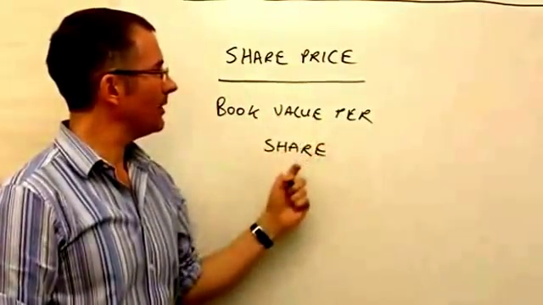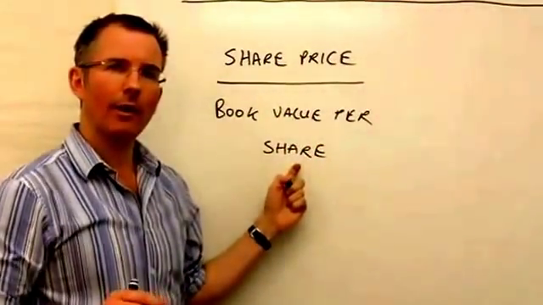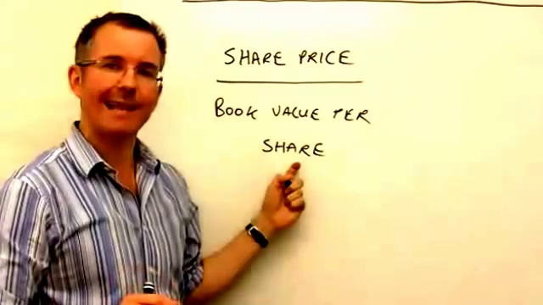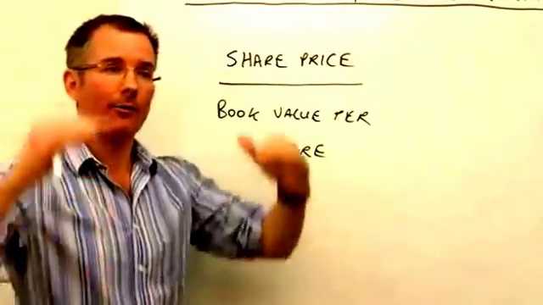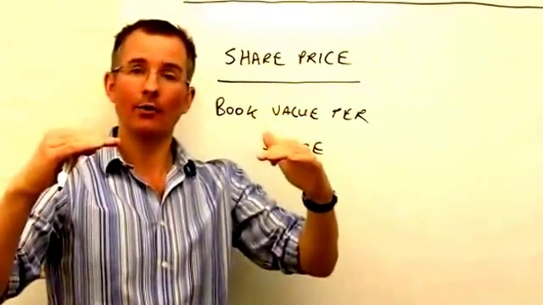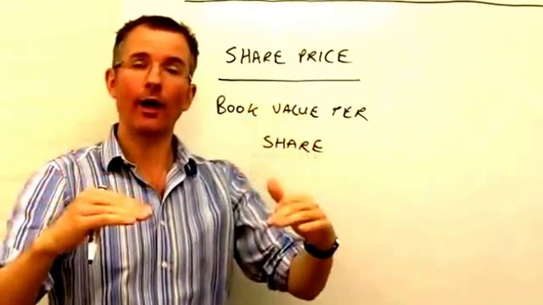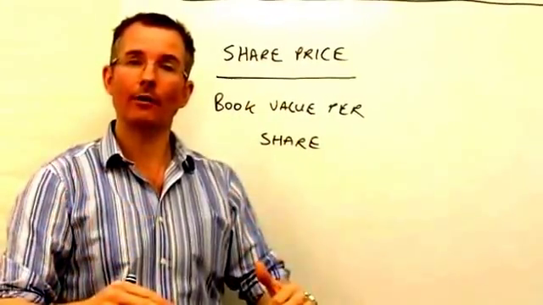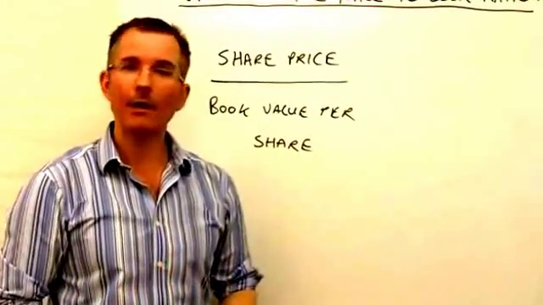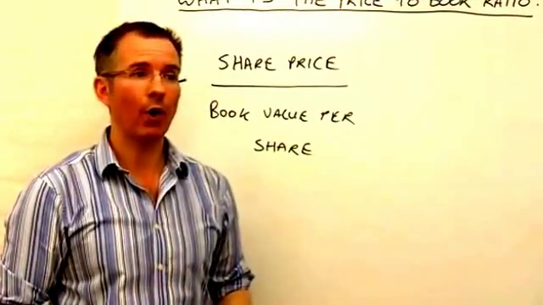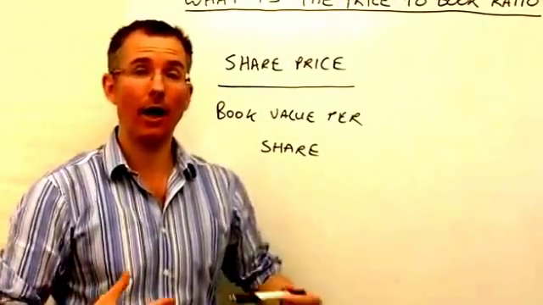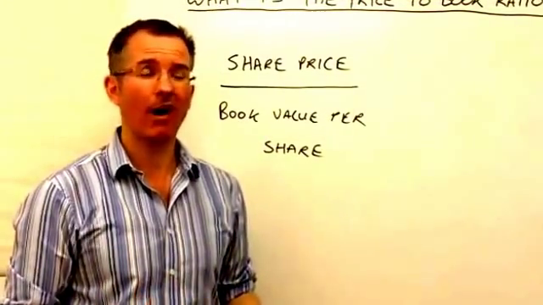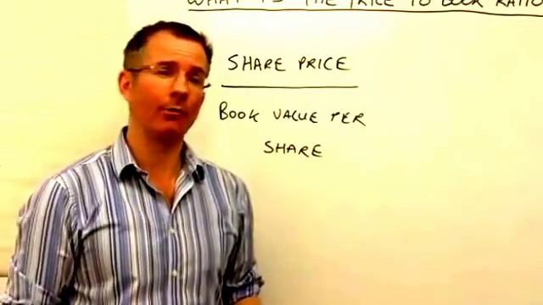The book value per share is saying, let's take a look at what the company owns in terms of its assets. There are things called balance sheets companies produce. They are simply a list of what the company owns, what it owes other people, and a net total. So a bit like me looking at my house. Maybe it's worth £200,000, that's an asset, I own that, except that I don't own all of it because I've got a mortgage.